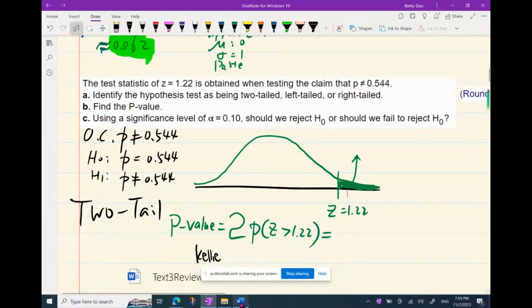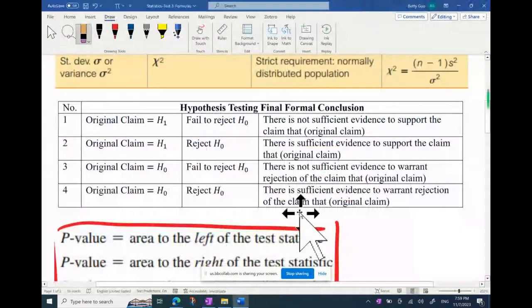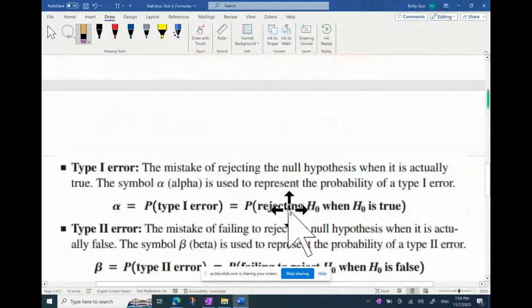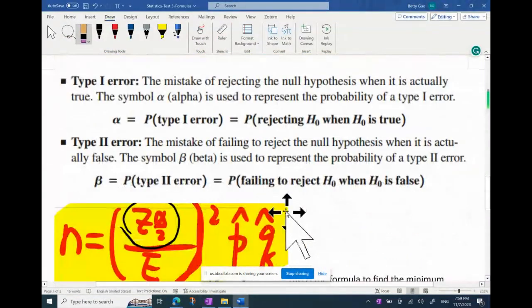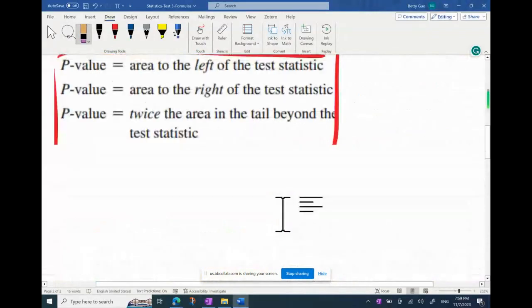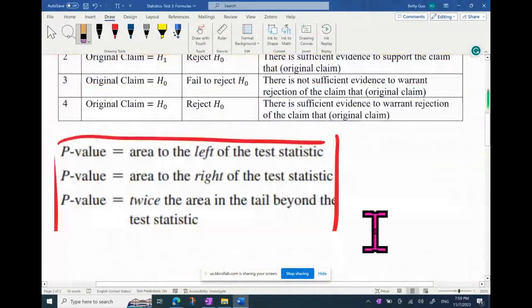Let me show you the formula. I think Kelly or Melinda asked me to include the p-value formula. So you have this here, guys.